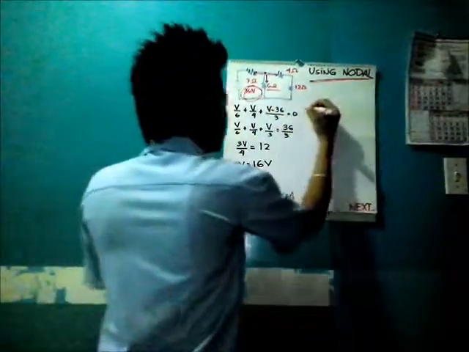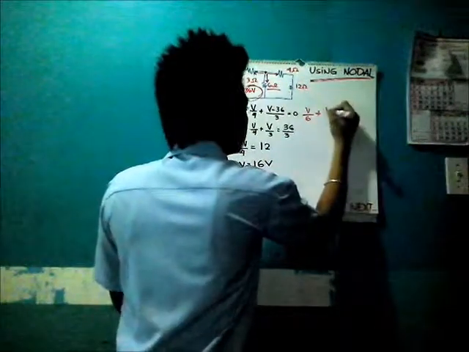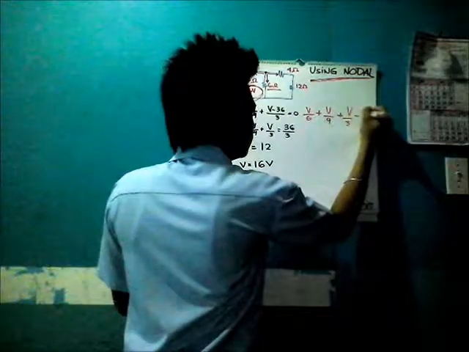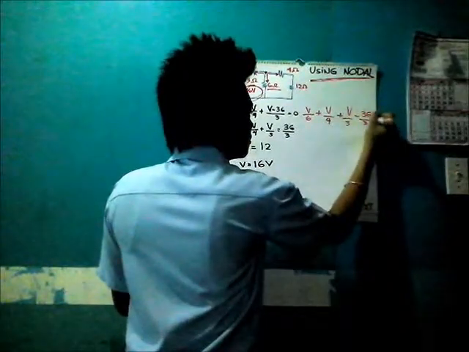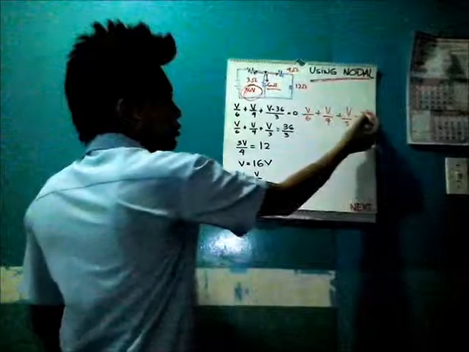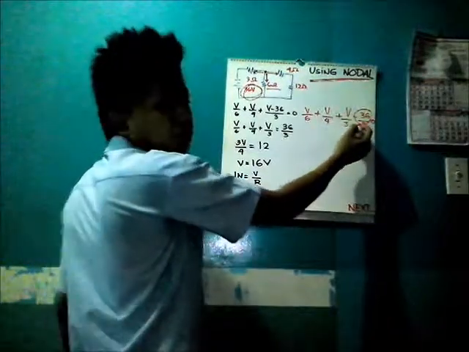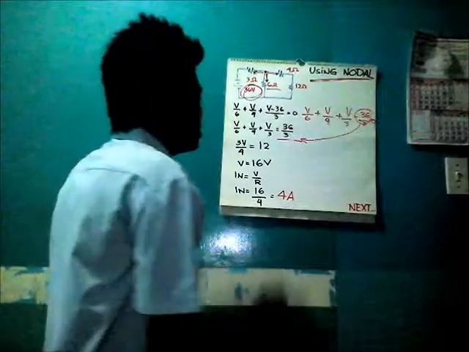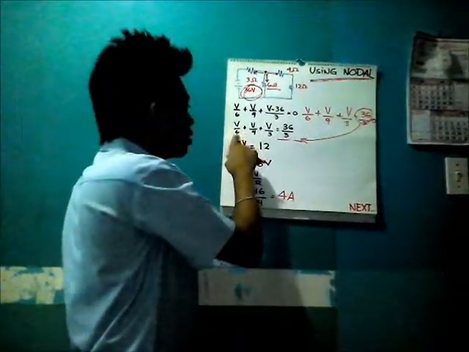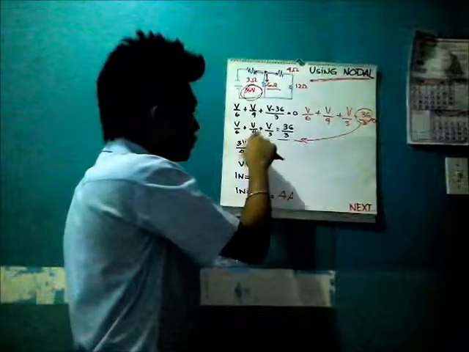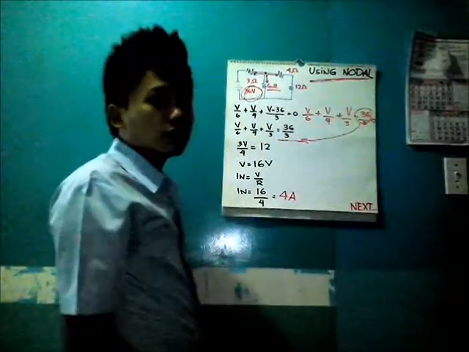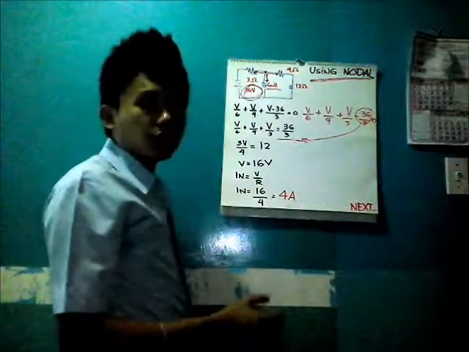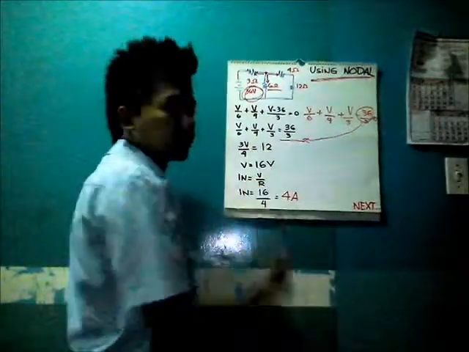So transposing it, 36 over 3 will be on the other side. Adding V over 6 plus V over 4 plus V over 3, or simply 1/6 plus 1/4 plus 1/3, is equal to 3/4.